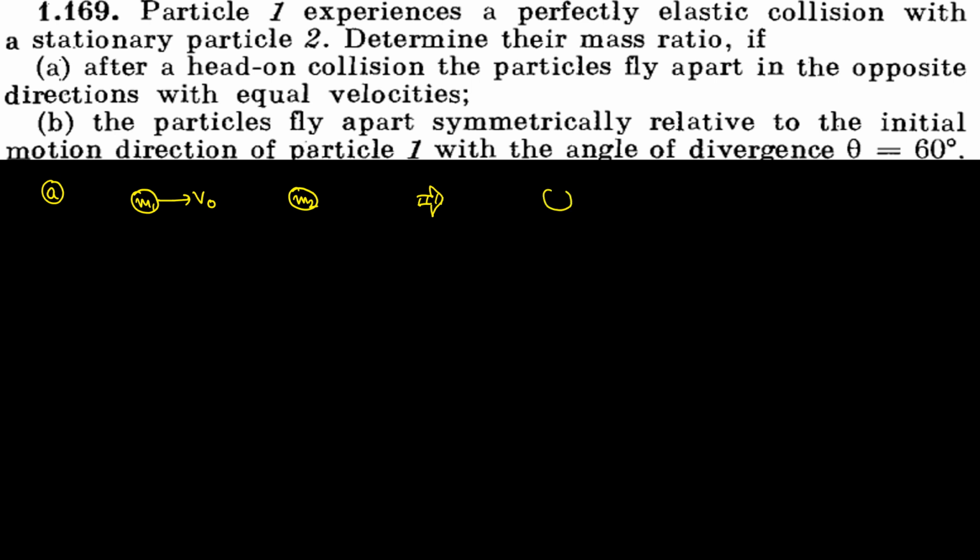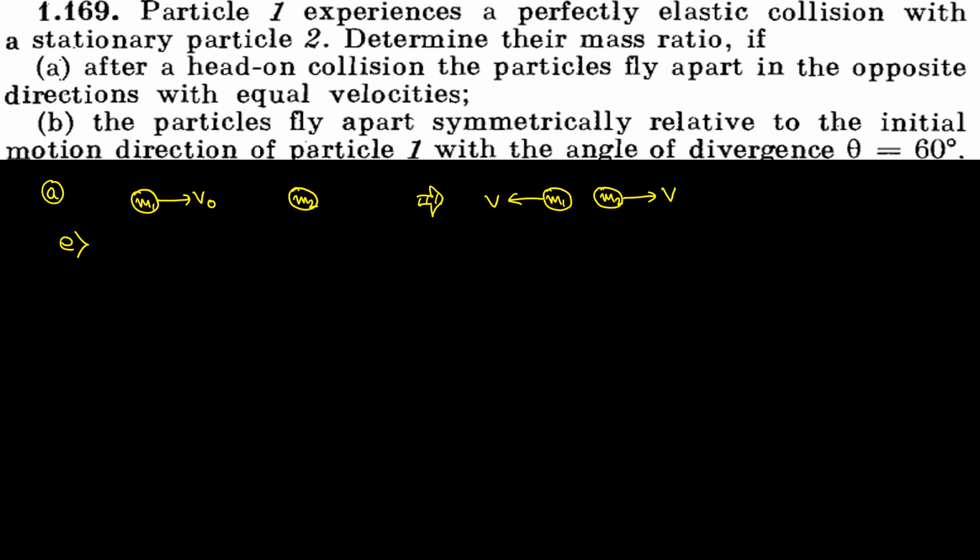They fly in opposite directions with equal magnitude of velocity v. The question was to determine m1 by m2, the mass ratio. I can easily apply conservation of momentum and coefficient of restitution. First apply the coefficient of restitution equation.